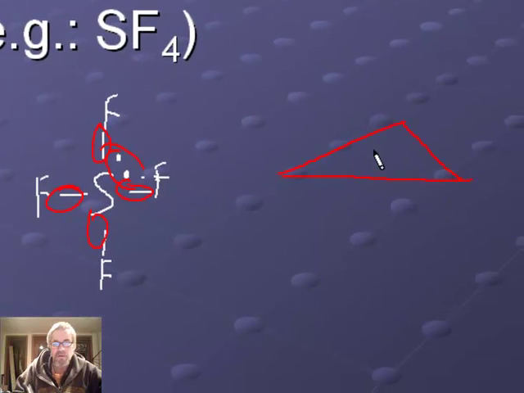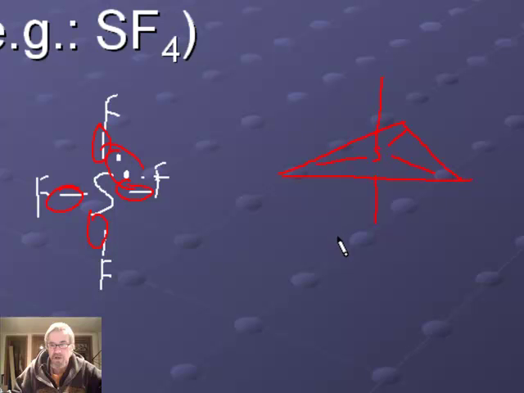So my sulfur is going to go in here, and I'm going to have one region up, one region down, and then one region facing each of the three equatorial plane corners. Now, because the bond angles aren't all equal here, I have to think about where is there the most room for this lone pair, because remember, it spreads out more. It's more repulsive than the other electron pairs that are involved in bonds.